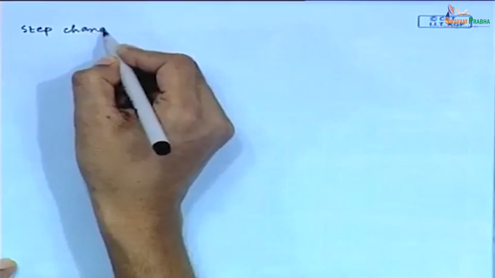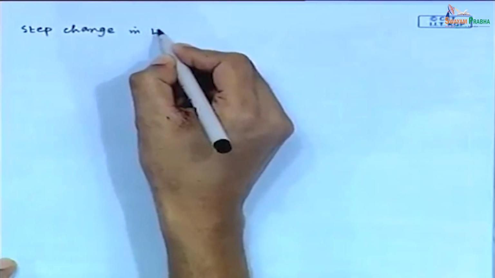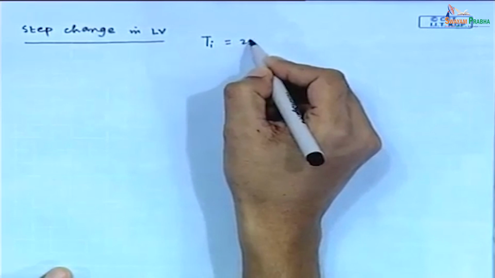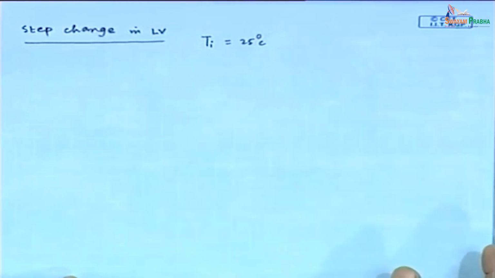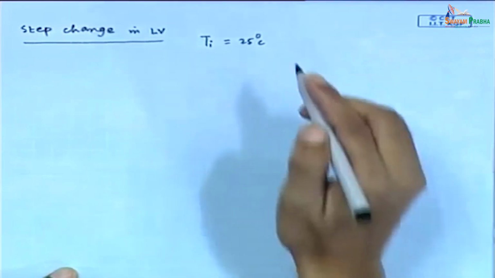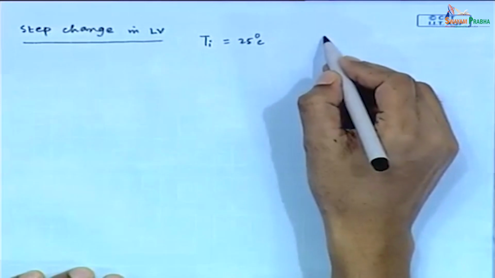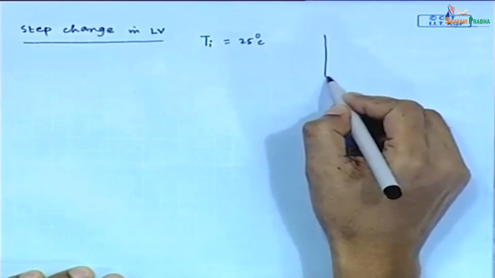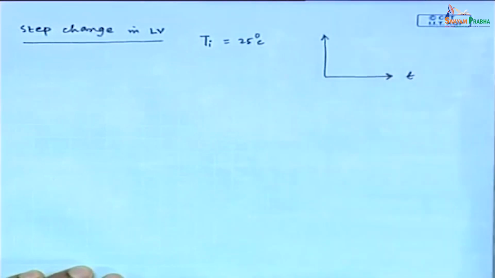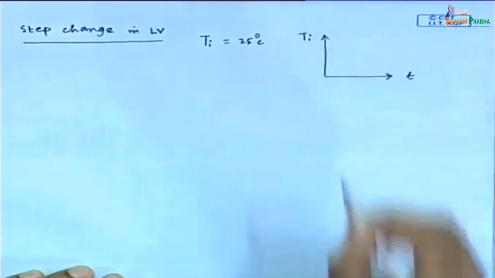Step change in load variable. As mentioned, Ti is the load variable and at steady state Ti is 25 degrees Celsius. Now, we will introduce a step change in Ti, that is represented in this plot. This is time, this is Ti.